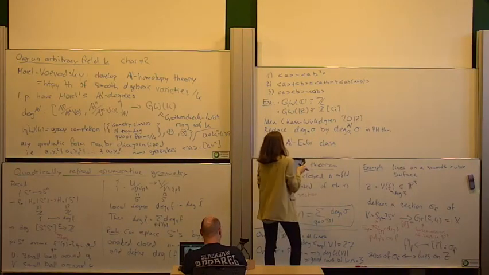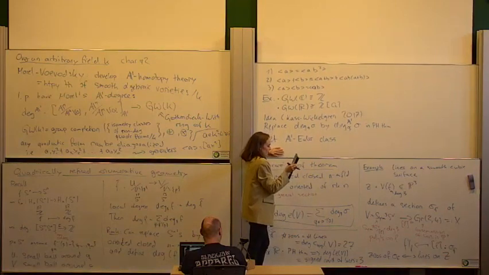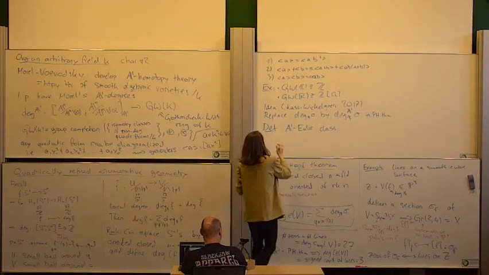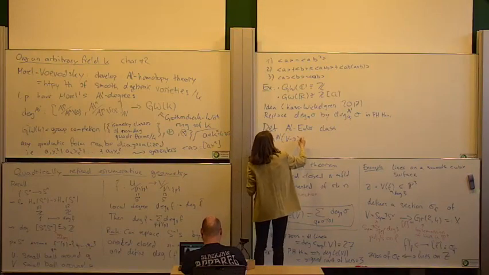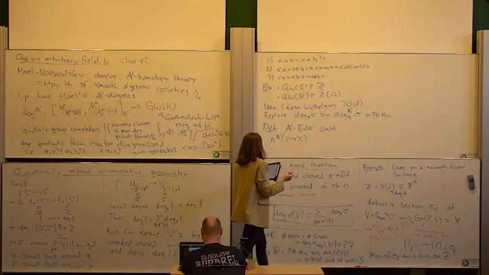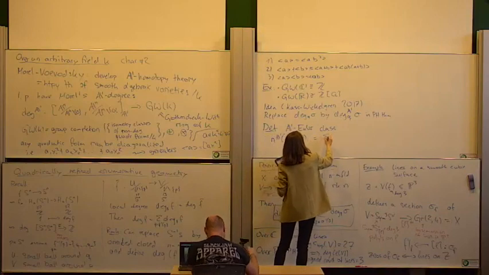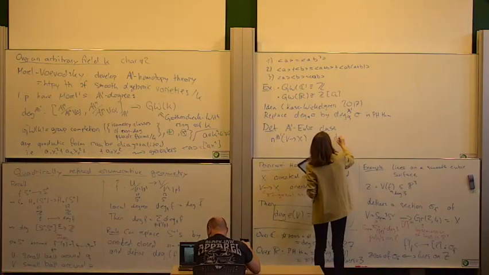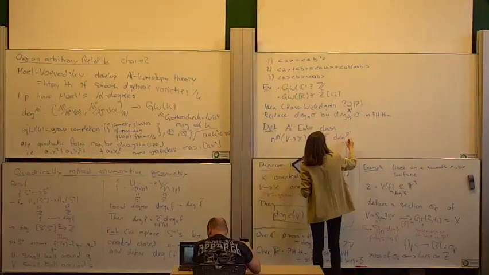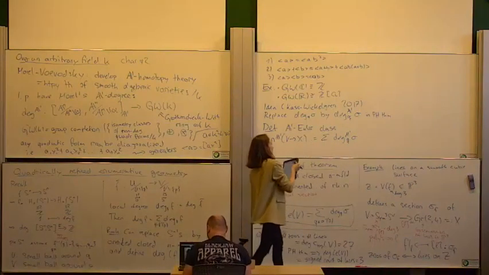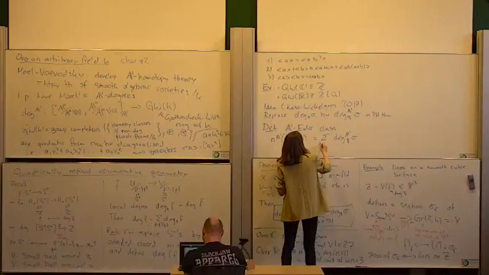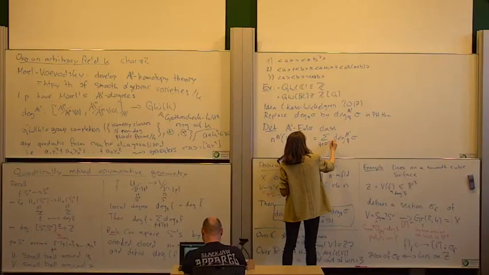But it's an A1 version of this. So I want to denote it by n A1, again of some vector bundle. And we want to define this to be the sum of local A1 degrees, like this, where we again sum up over all the zeros of a section.